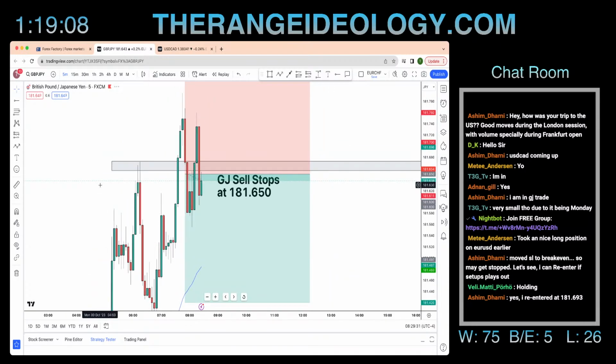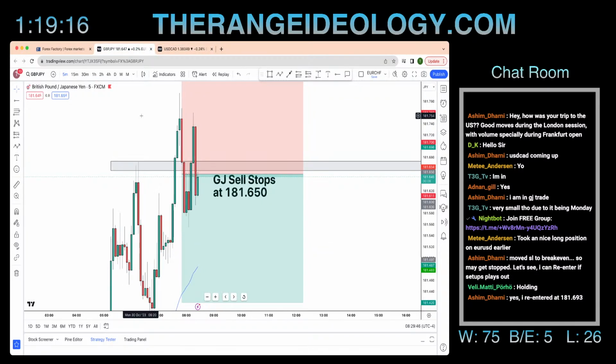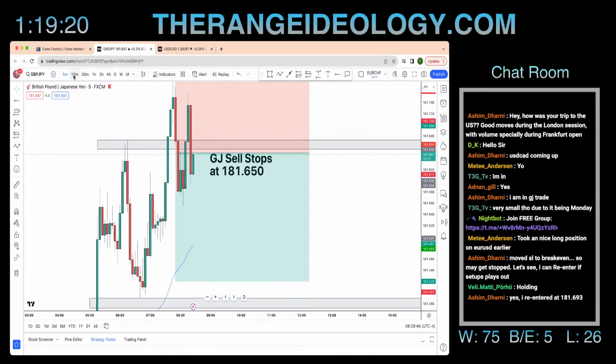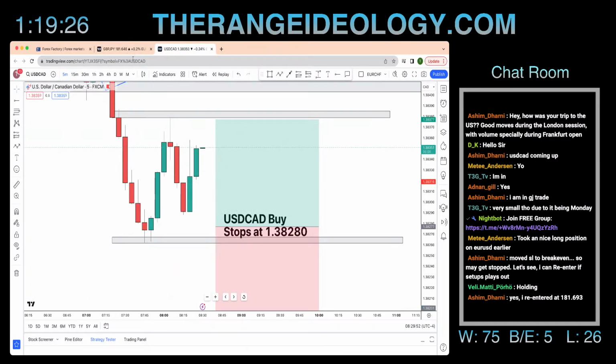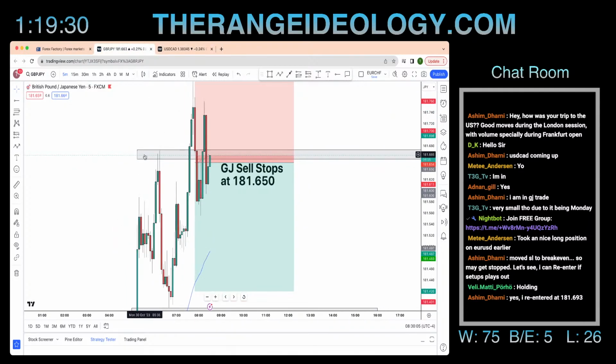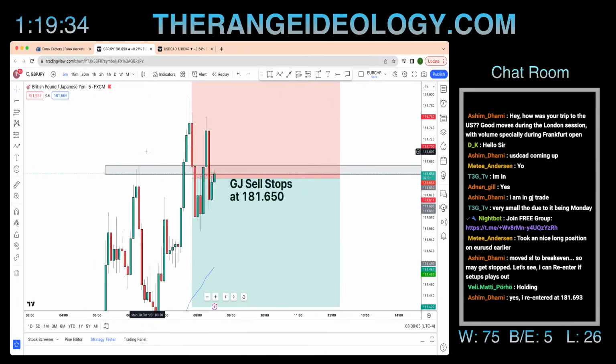Dude is still there, guys. Okay. Again, GJ is still being stuck at that point. And again, USD CAD, guys, I missed this so far. So right now, I can't do much about that. And GJ again, no bottom wick.